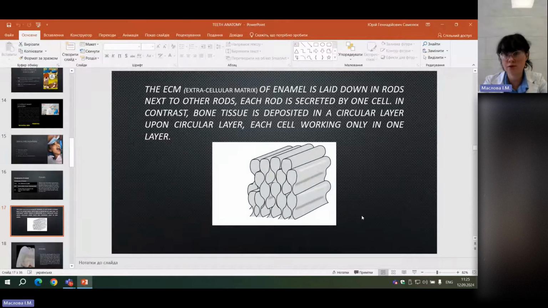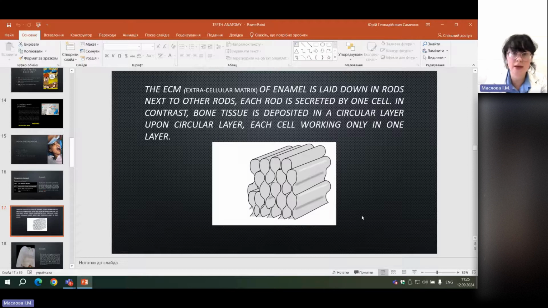The first process, demineralization, leads to the loss of mineral compounds from enamel. The next process, mineralization, means the repairing or restorative process when mineral compounds from saliva come back to the enamel.